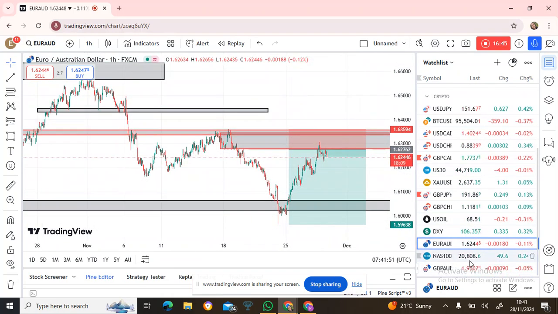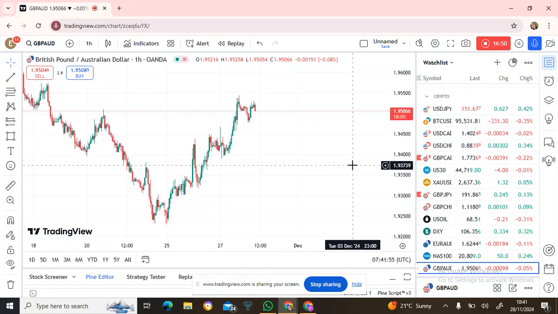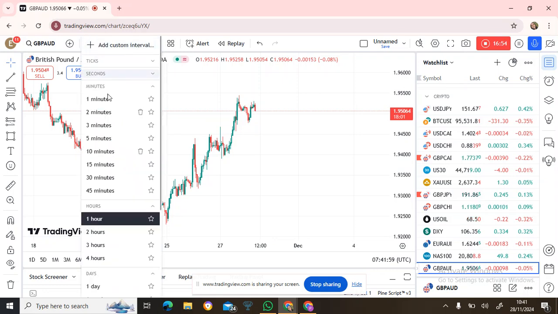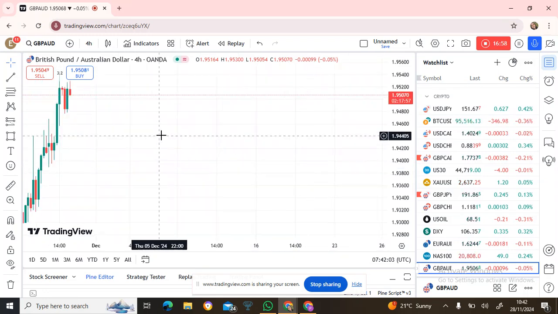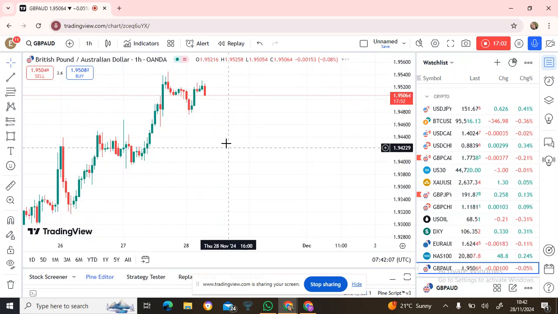The same happens with GBP AUD. They move in the same direction. GBP AUD, you can see it has already made its double top. On the lower time frame, you can see GBP creating a double top. This is the demand zone.